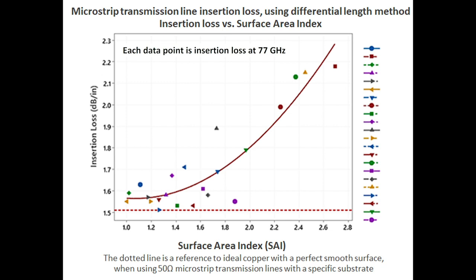And you can see the insertion loss responds to that quite well. So the correlation between SAI and insertion loss is valid, and there are some models that use this copper roughness relationship to basically add to the conductor loss as it makes sense for the copper roughness.